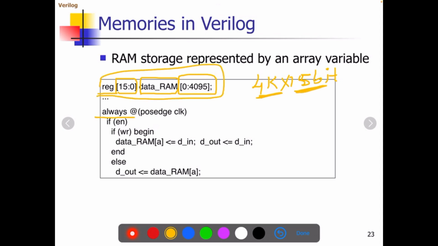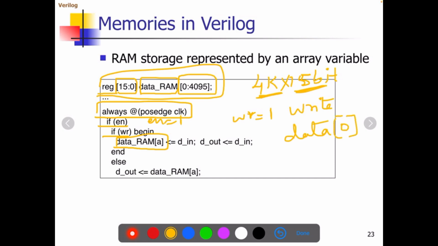Always at the positive edge of the clock signal, if enable is high and write is enabled, that means WR equal to 1, which is a write operation. If WR is equal to 0, it means a read operation. With enable high, what we have to do is take dataRAM of A, one of the memory locations, for example 0 or 1, and put the data into that location.